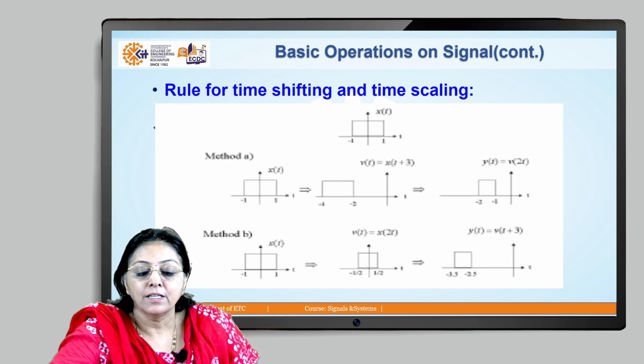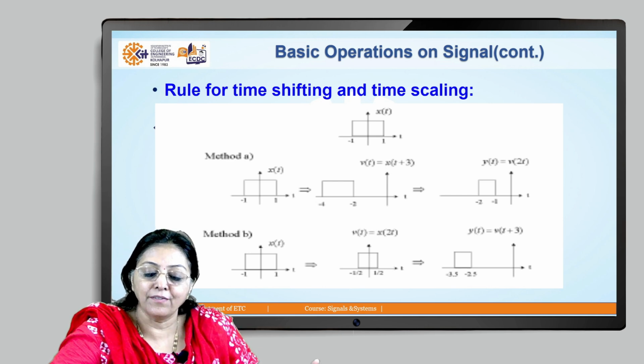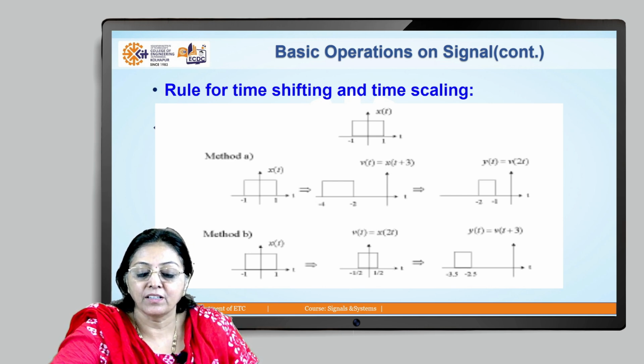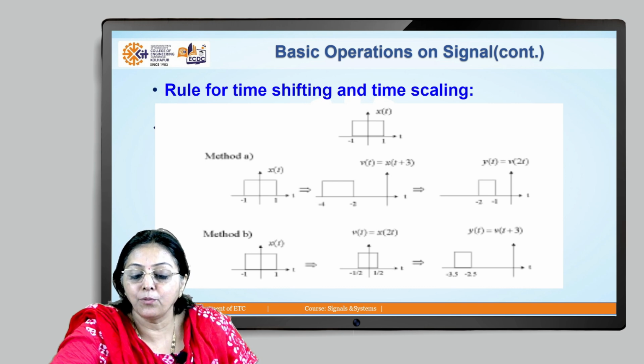It means time shifting towards t + 3, an advanced signal shifted left by 3 units. So if t + 3 is there, then x(t) is shifted by 3 units towards the left side, right. Then the next operation is y(t), where time scaling is there, right.